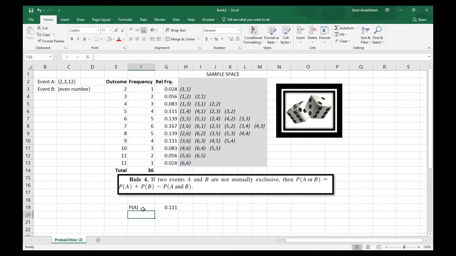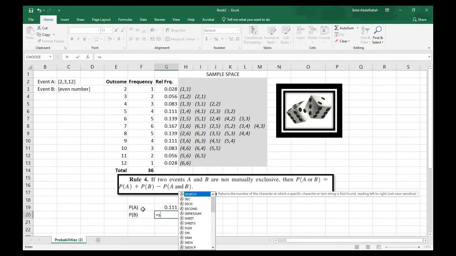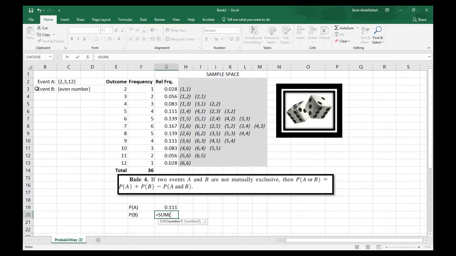Let me go ahead and get the probability of B. So all of the even number outcomes, that's it, enter, and I get 50%. Now, the third part of the equation is saying minus P of A and B. Now, this P of A and B are those that overlap.